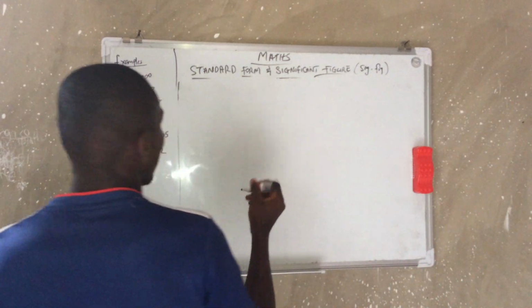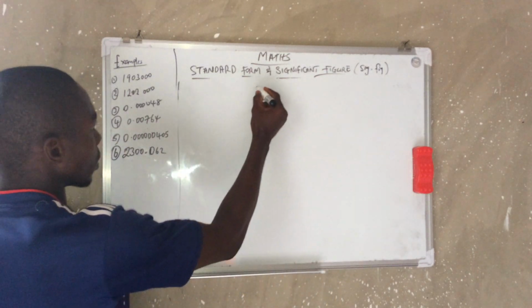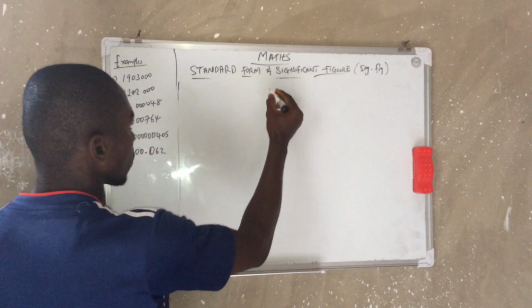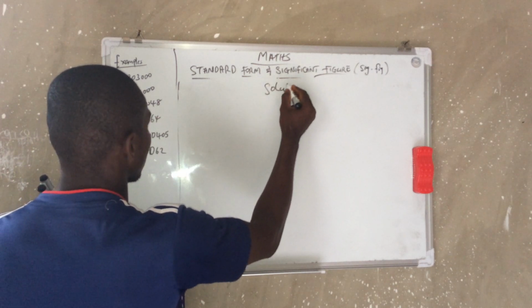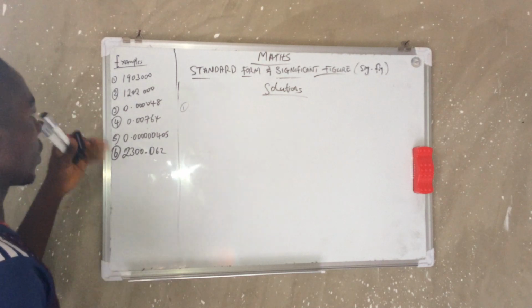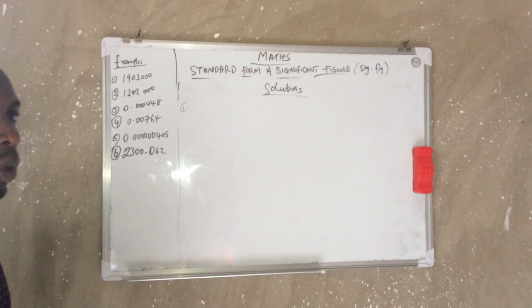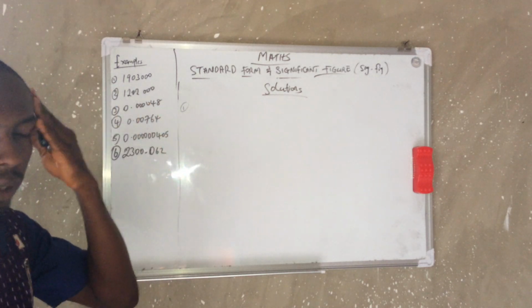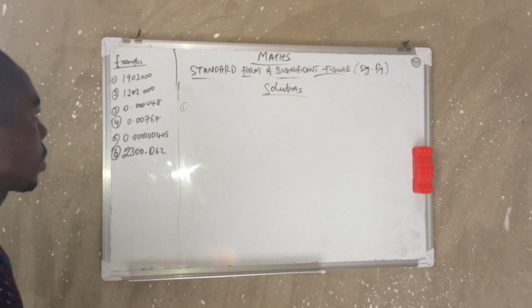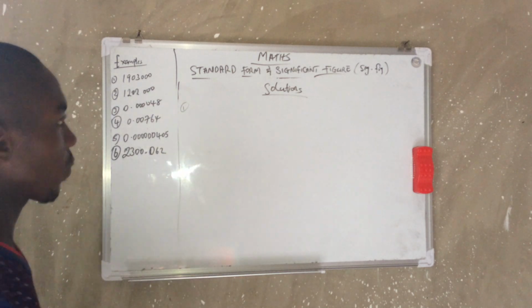So that's example number 1. Solution to number 1. Now this number 1, we are going to change it to one significant figure, two significant figure, then change it back to what? And then express it in a standard form.